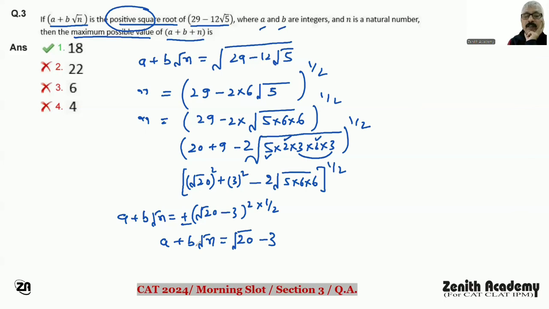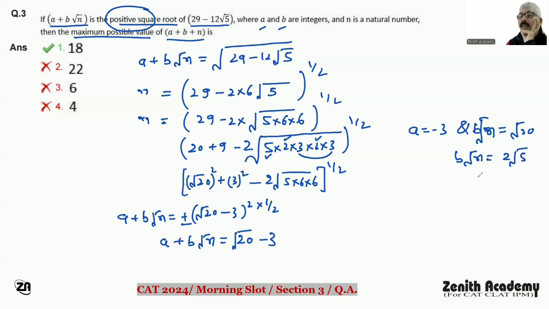Now, if I compare it, a is minus 3 and b root n is equal to root 20. You can write this 5 into 4, that means 2 root 5.